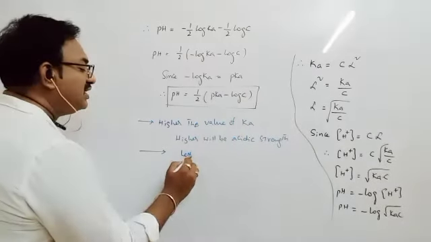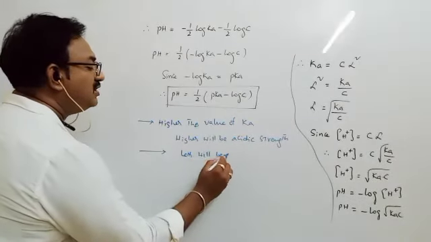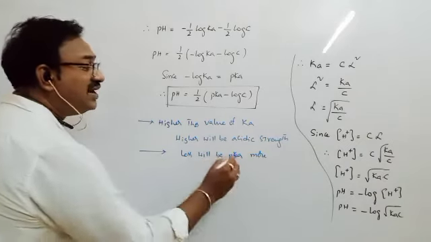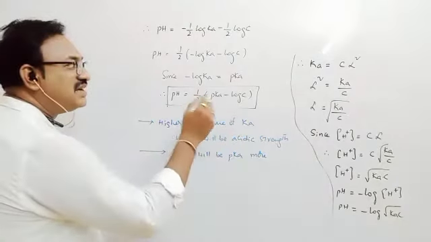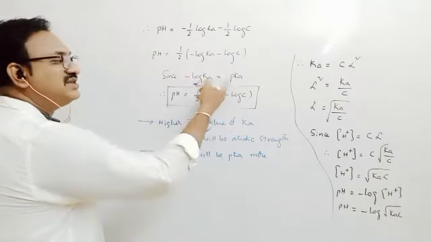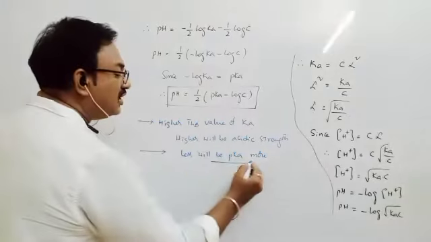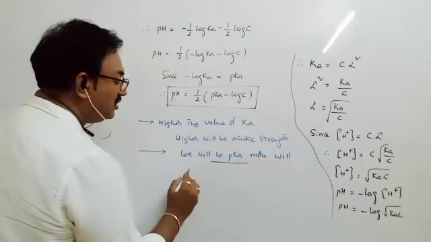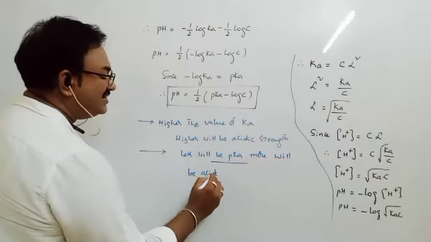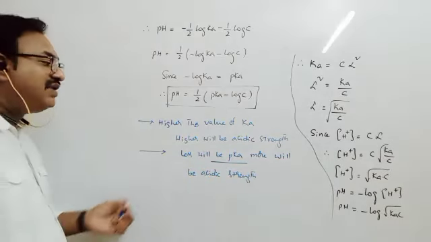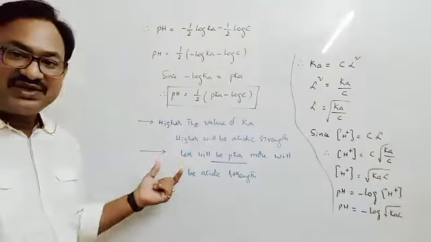Next, less will be pKa, more will be the acidic strength, because negative logarithm to the base 10 of Ka, no? Minus log to the base 10 of Ka is pKa. So therefore less will be pKa, more will be acidic strength. Higher the value of Ka, higher will be the acidic strength.